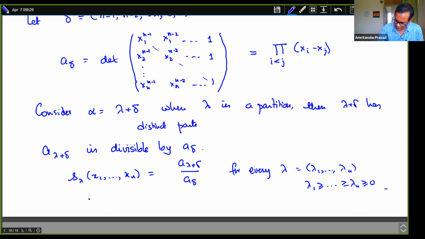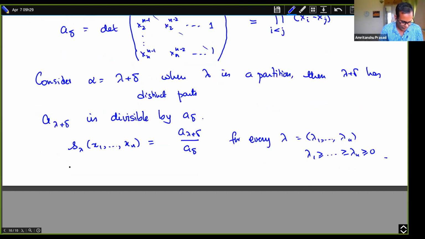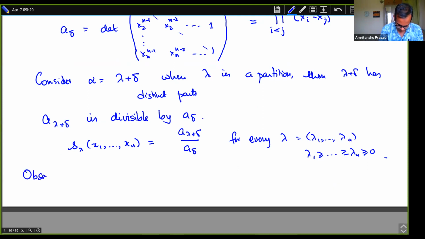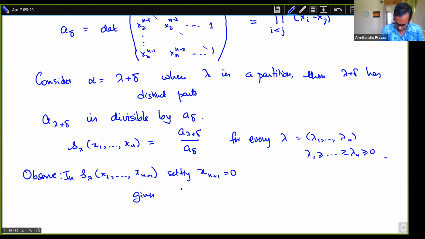Okay, and the other thing is, suppose you take S lambda, and this is very easy to see. If you take S lambda in n plus 1 variables, setting x n plus 1 to be 0 gives S lambda in x1 through xn.